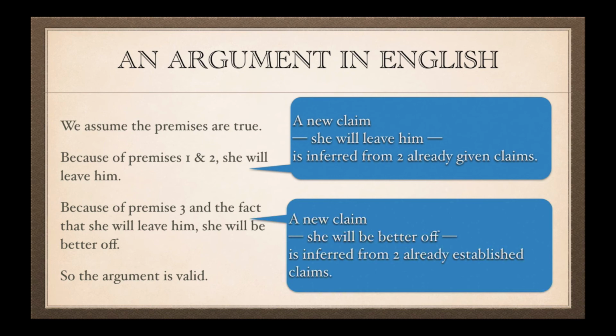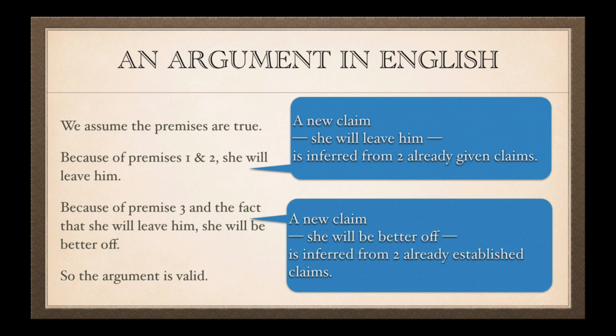That new claim, she will leave him, is our intermediate claim. And so we move in steps. We don't jump straight from the premises to the conclusion. We start with an intermediate claim that we get from two premises, and then combine that intermediate claim with another premise to get to the conclusion. And that establishes that the argument is indeed valid.